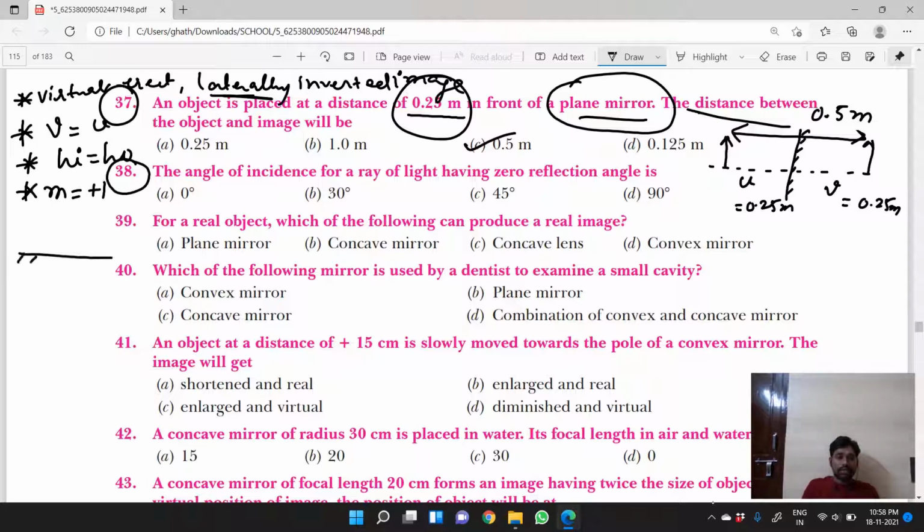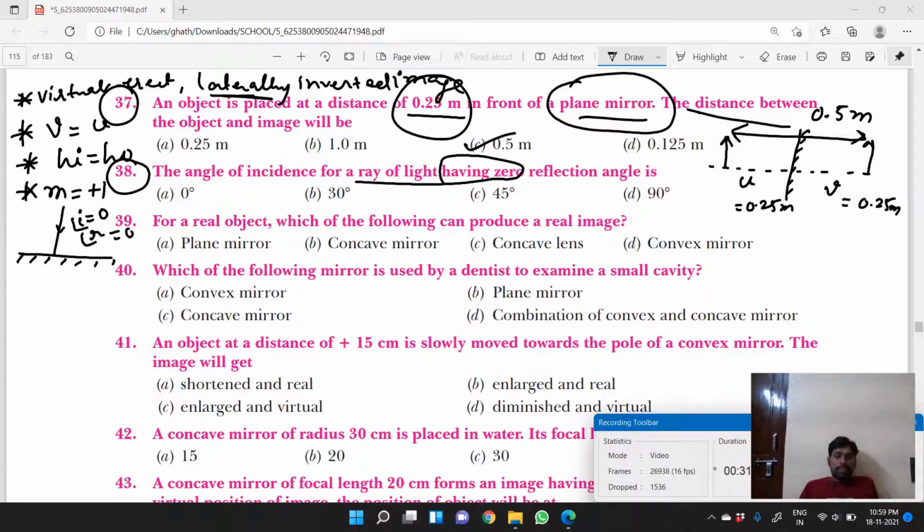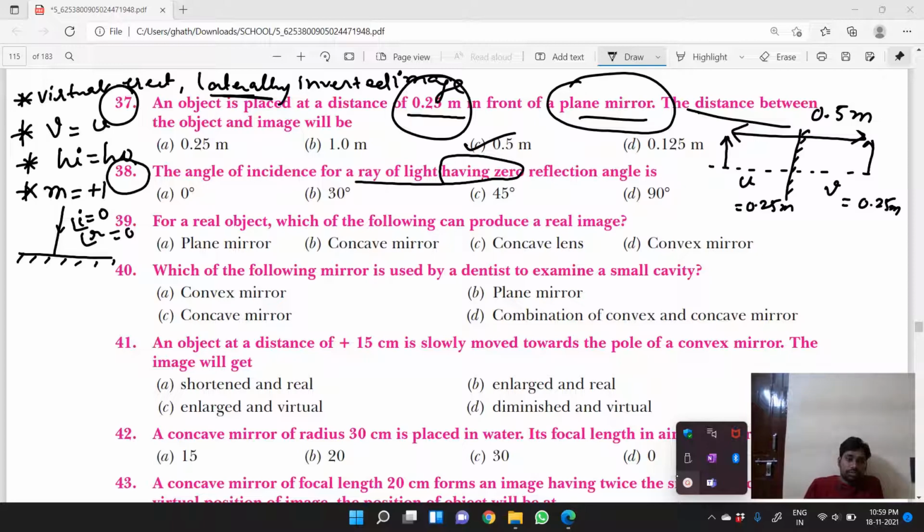Zero reflection means if a ray of light is incident perpendicularly, then the angle of incidence is also zero, and the angle of reflection is zero in this case. So the answer for this question is 0 degrees.